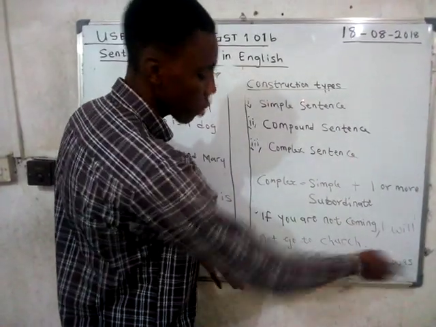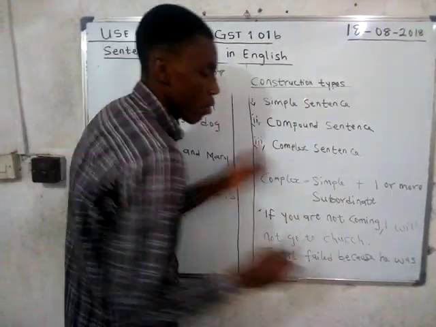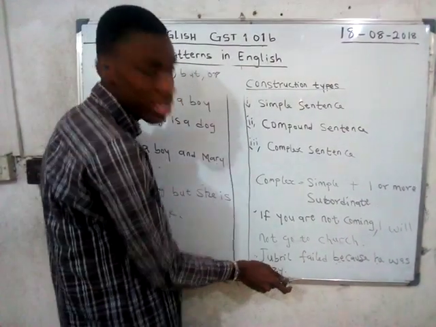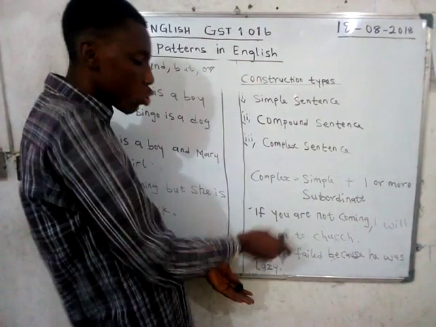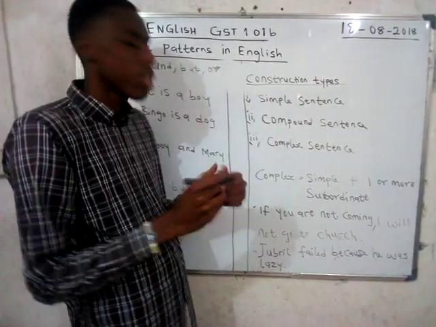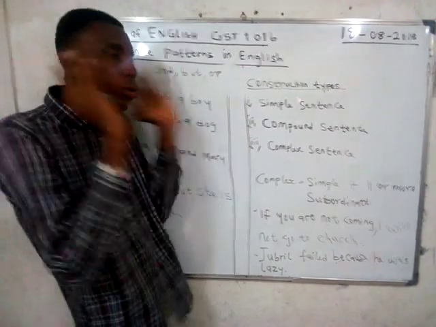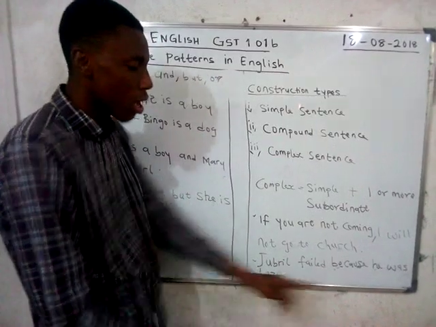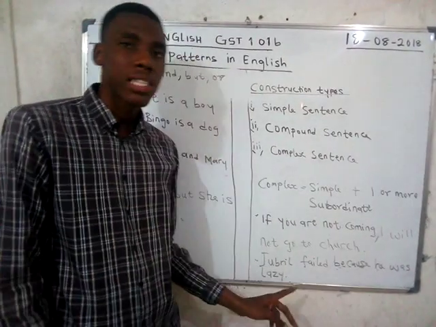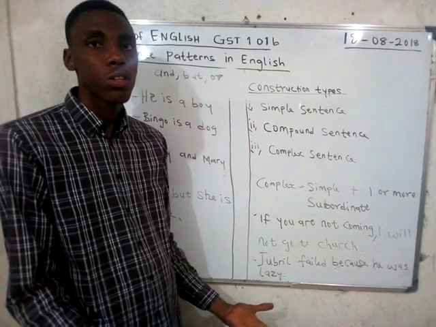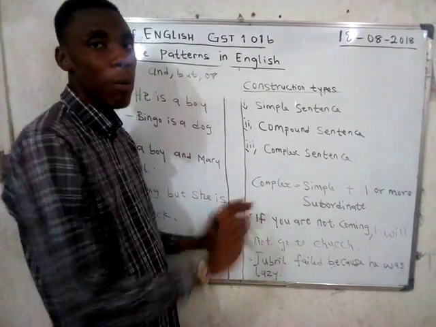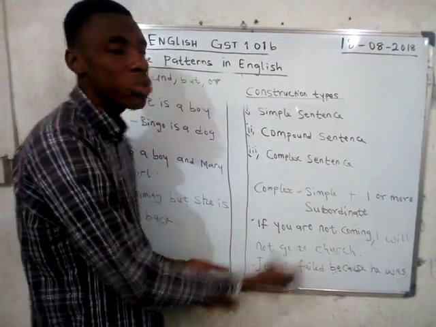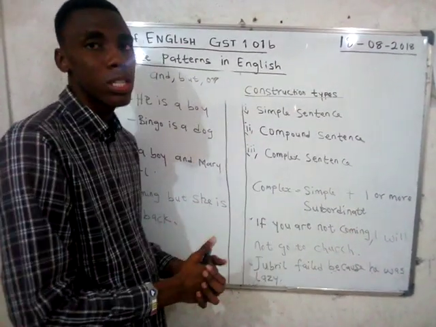From because till the end of the construction stands as the subordinate here. Jubril failed makes perfect sense, expressing a full idea. Anybody anywhere can quote you and know that it truly makes perfect sense. But when you say because he was lazy, the question is, what now happened? The perfect sense that makes it a complex sentence is Jubril failed, and we can have one or more subordinates attached to this one.